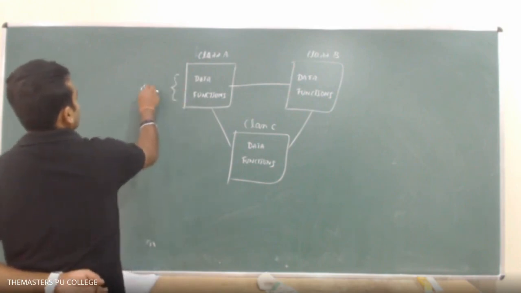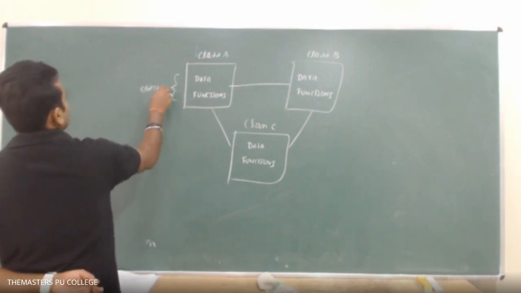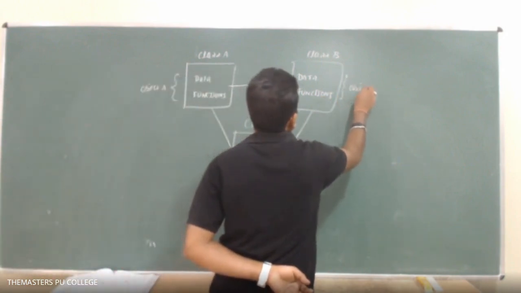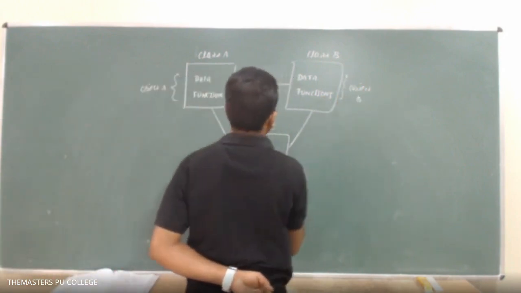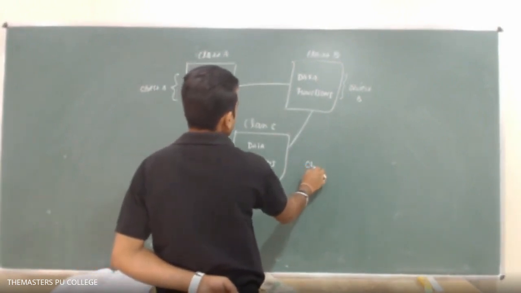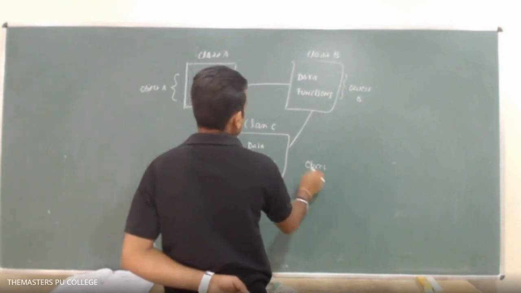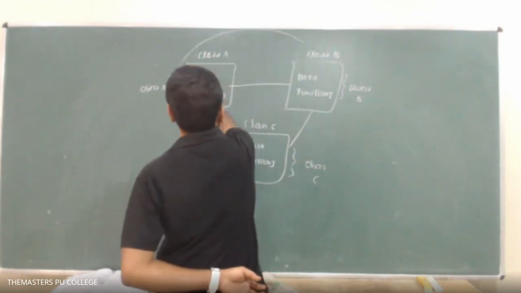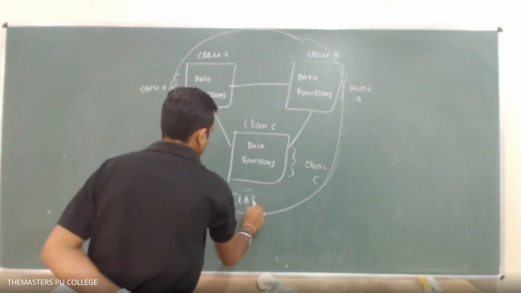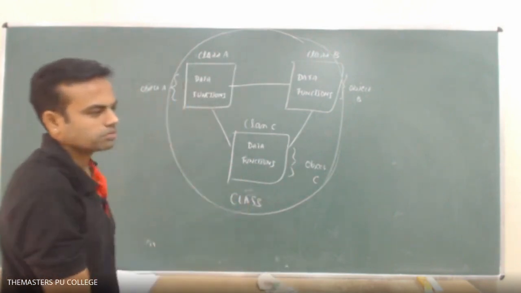This will be called object A, this object B, and object C. This entire thing will be combined together to bring one single class.